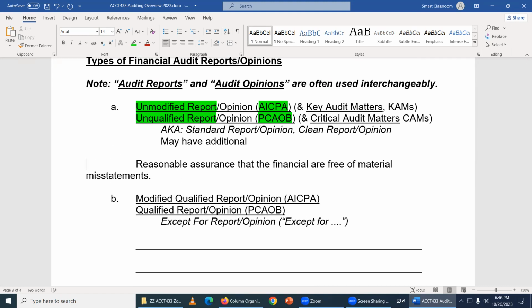Now, it's not saying that they are free of all misstatements. Immaterial misstatements are okay.